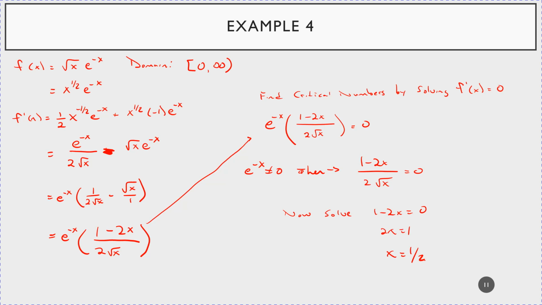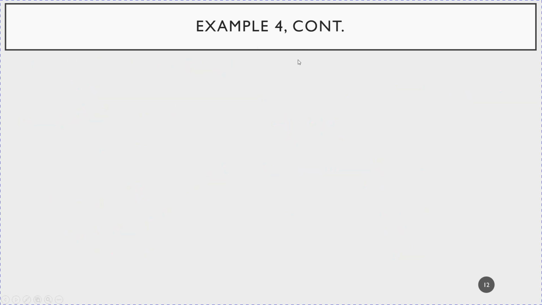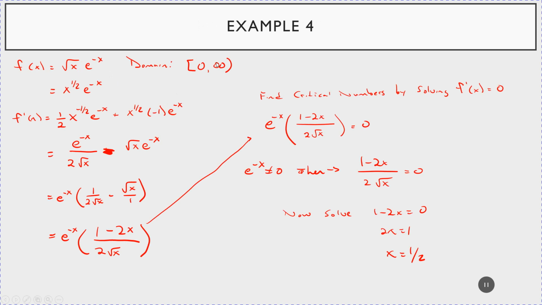So now we just need to take this and set up our intervals and go from there. I'm going to rewrite this on the next slide, so we can see what the pertinent information is. Okay, so our domain was 0 to infinity.